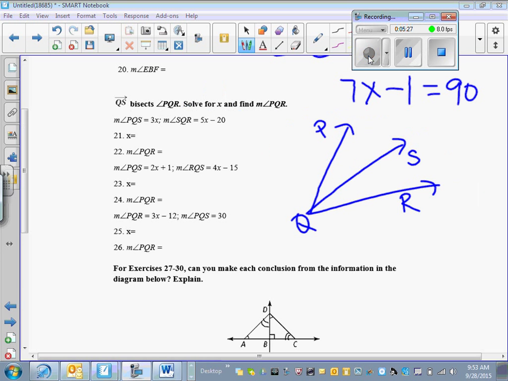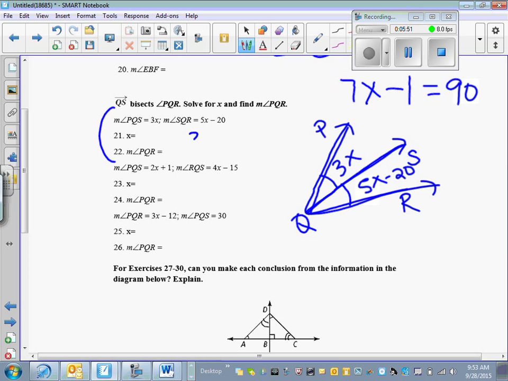All right, in this case, I already drew the picture for you. It says QS is an angle bisector of PQR. That means this angle here and this are going to be equal. PQS is given to be 3x. SQR is given to be 5x minus 20. So all you have to do for this part is 3x equals 5x minus 20.